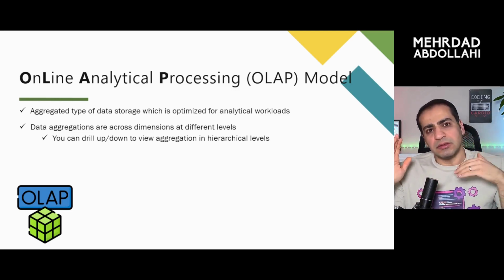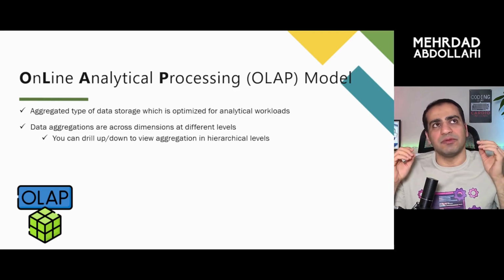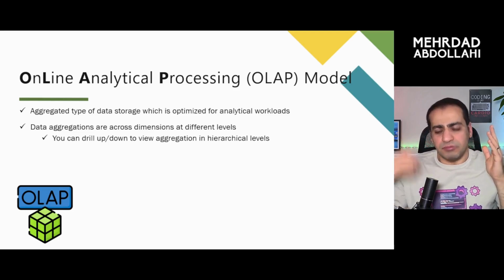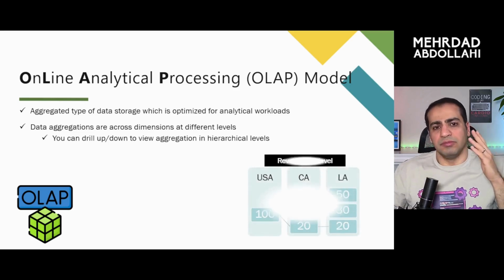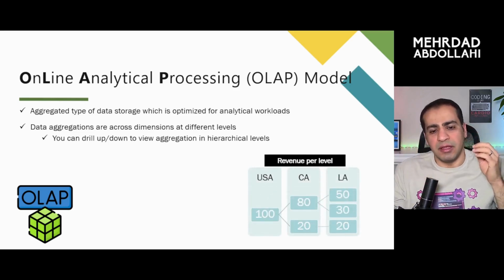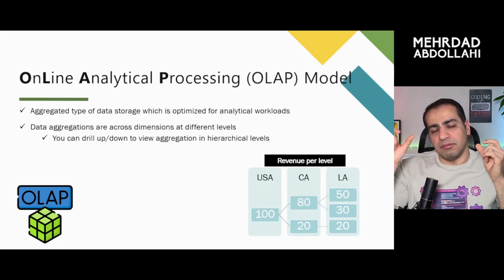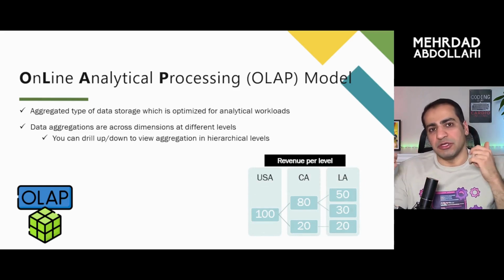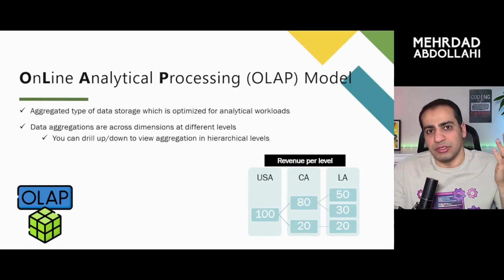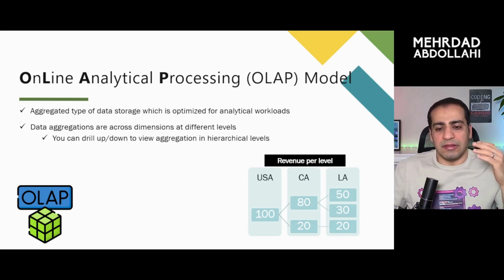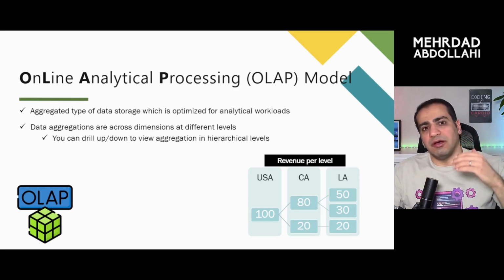In analytical data, for the revenue of a company, the revenue amount is a measure that is measured against the dimension of state or location. So we can drill down and drill up to view aggregations in hierarchical levels.